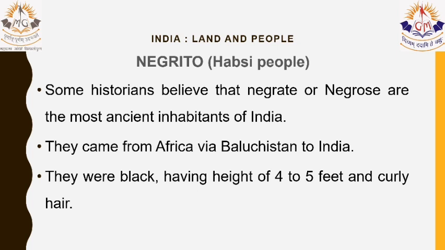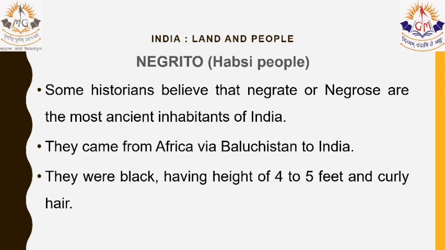They were black, that means the color of the skin was black. It is because these people came from the eastern side of Africa, and that also South Africa. South Africa is very near to the equator, and on the equator we have direct sun rays falling throughout the year.